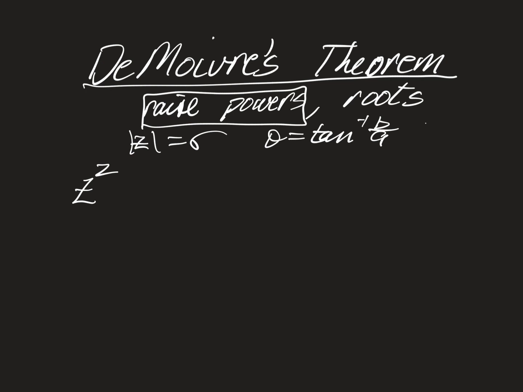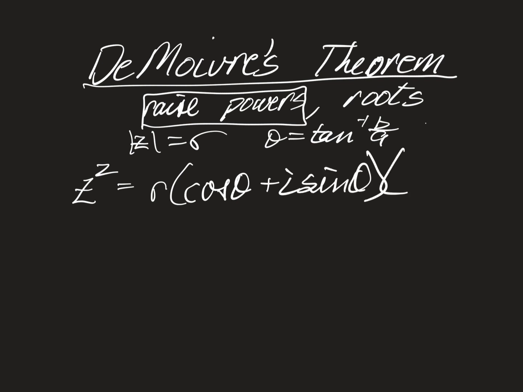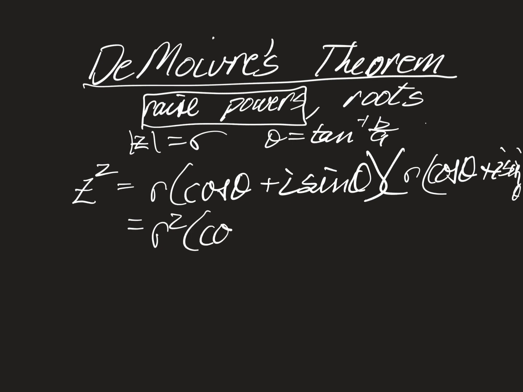If that's the case, then z squared will just be equal to r cosine theta plus i sine theta times r cosine theta plus i sine theta. Which basically means we get r squared, and since it's z times z, we just add the angles. That's what we learned last time. So we get cosine of theta plus theta, or 2 theta, plus i sine 2 theta.